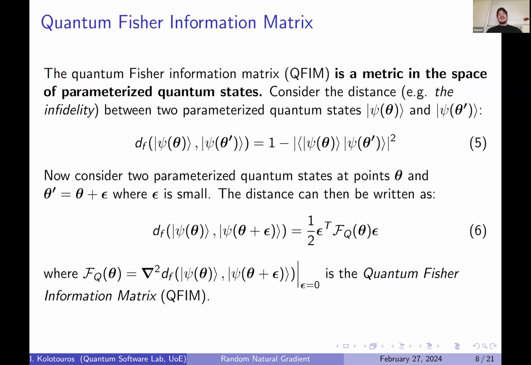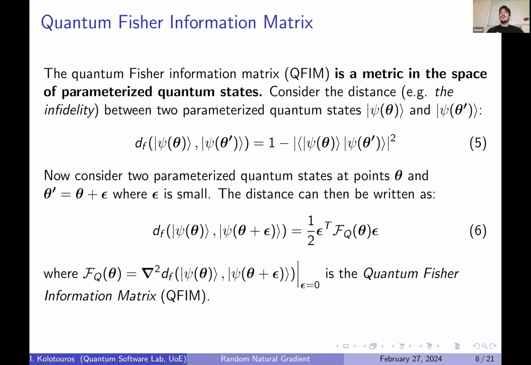The interesting thing is to understand what's happening when your two parameterized states are really close to each other. So one quantum state is parameterized by the parameters theta, and the other by the parameters theta plus epsilon, where epsilon is a small shift vector.